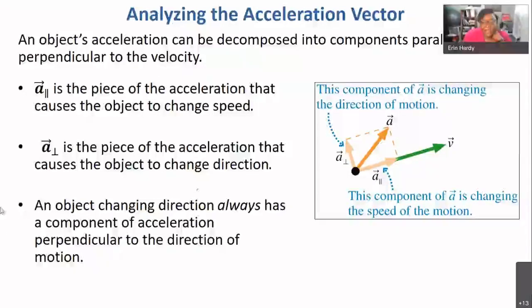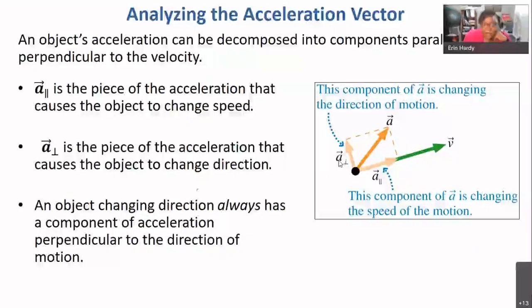So that would be our A perpendicular that controls direction. A parallel is controlling the speed. So for Maria on the Ferris wheel, A parallel would be 0, but A perpendicular points toward the center of her trajectory.